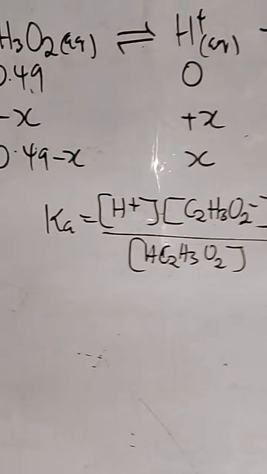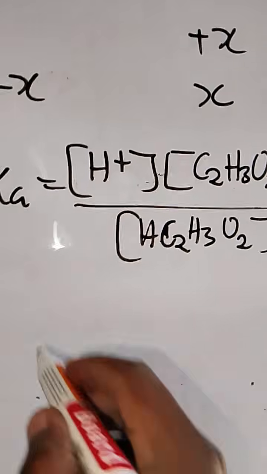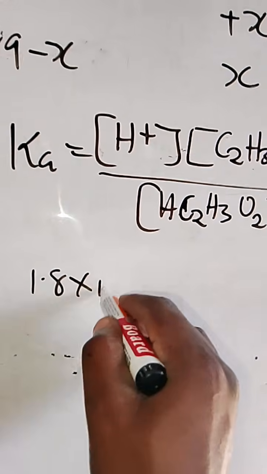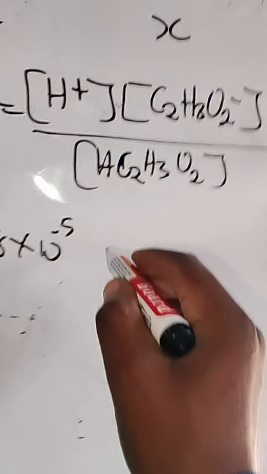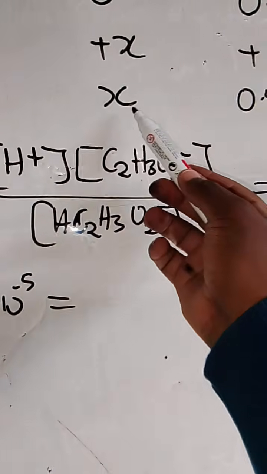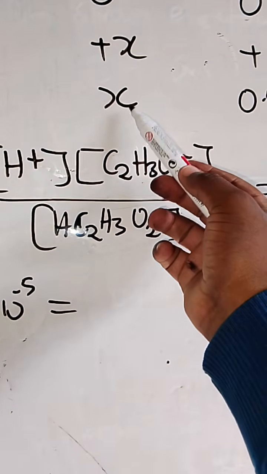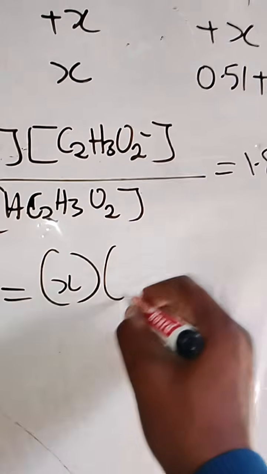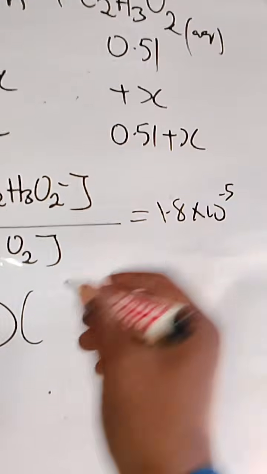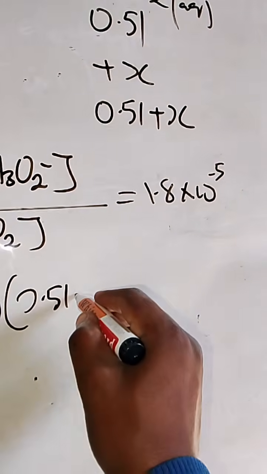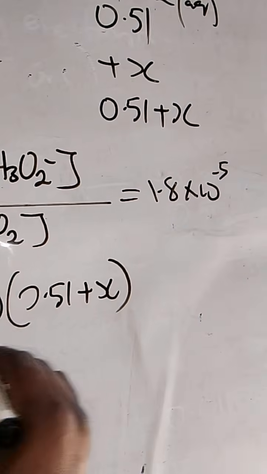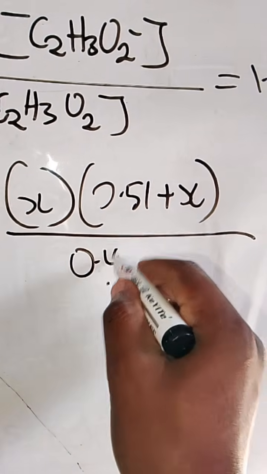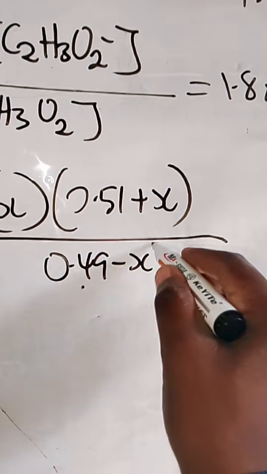Substituting the equilibrium concentrations: 1.8 times 10 to the power negative 5 equals x times 0.51 plus x over 0.49 minus x.